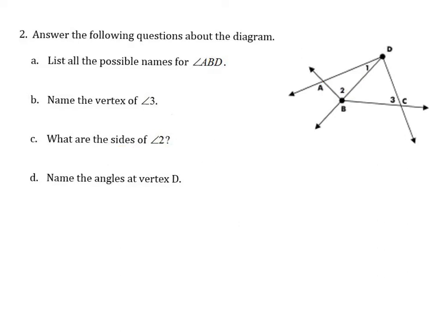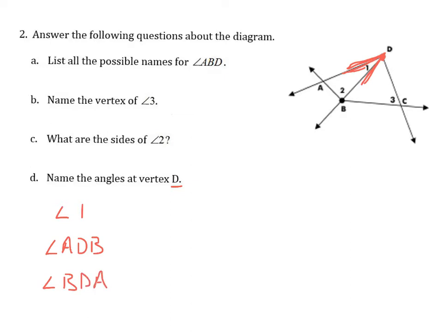And for the last one, I want to name all the angles at vertex D. So all the angles coming out of this point. So let's start with this one on the left. You could call that angle 1 if you want to. You could call that angle ADB if you want to, or you could reverse it and say BDA.